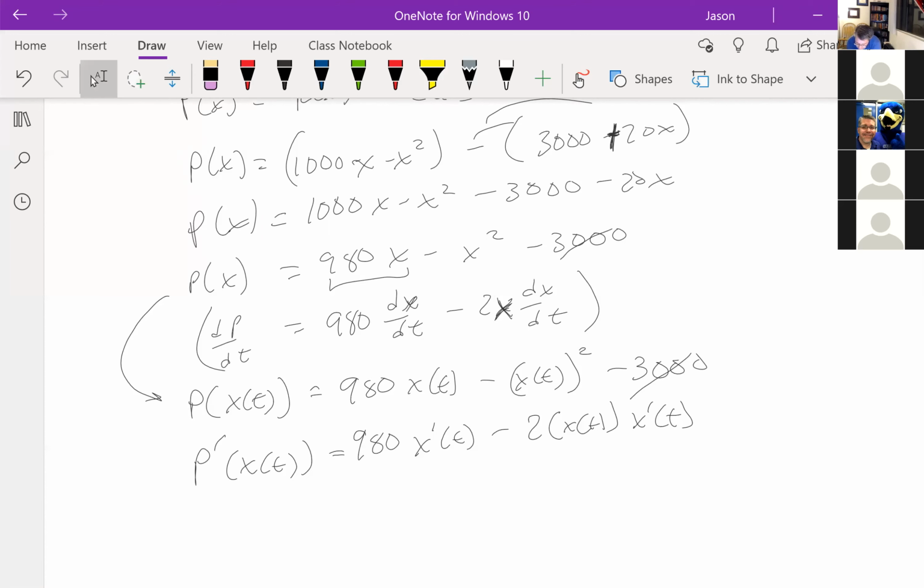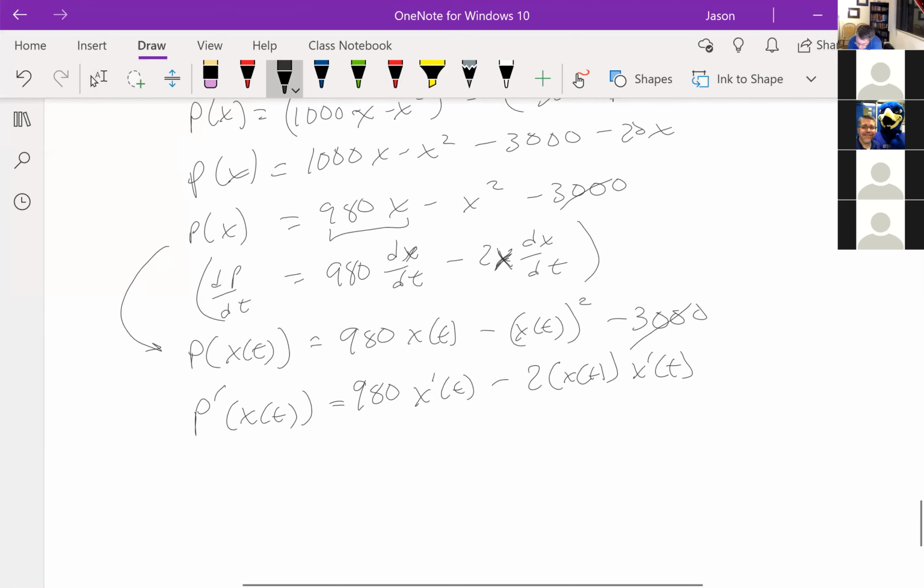So I'm going to go back to the dp/dt notation. dp/dt is equal to 980 dx/dt minus 2x dx/dt. Now, what's dx/dt? How fast is the number of homes growing?